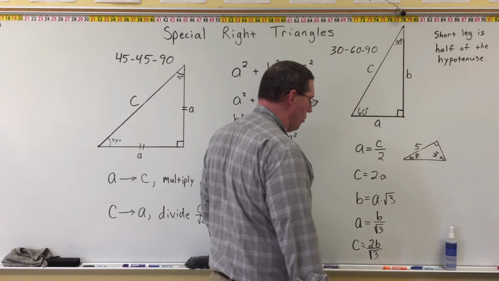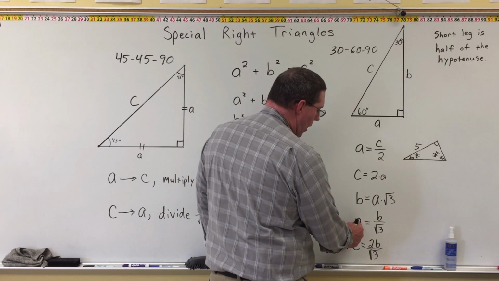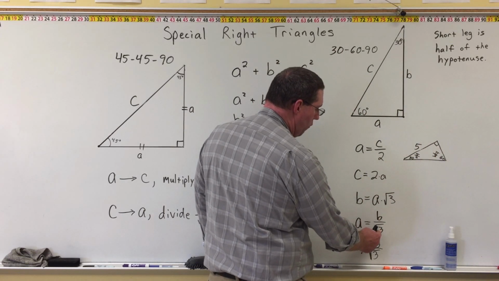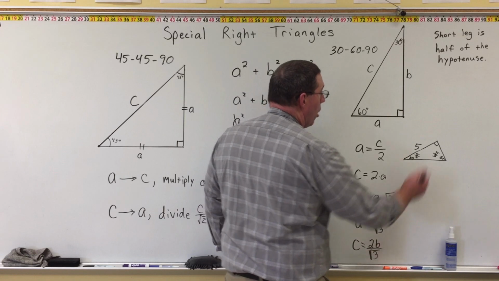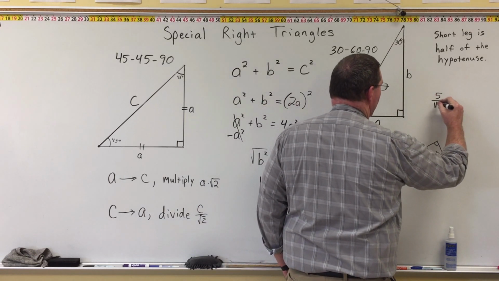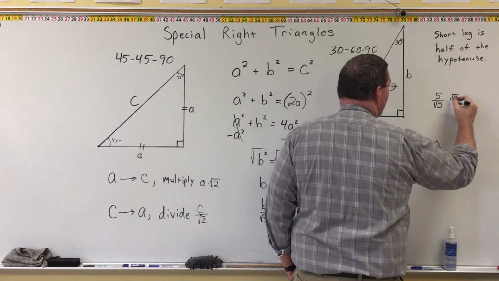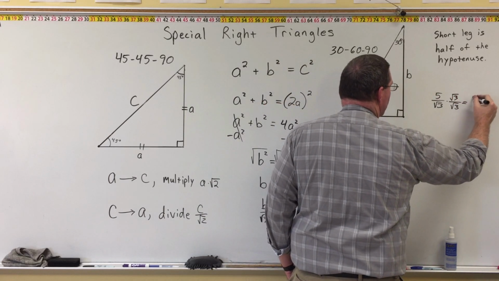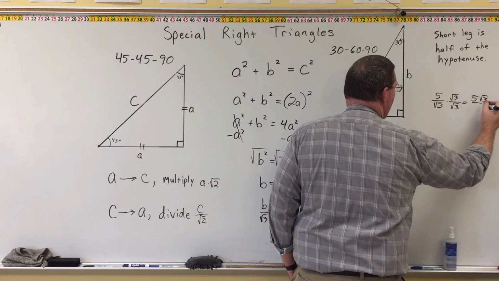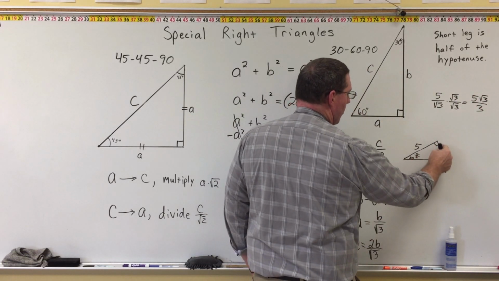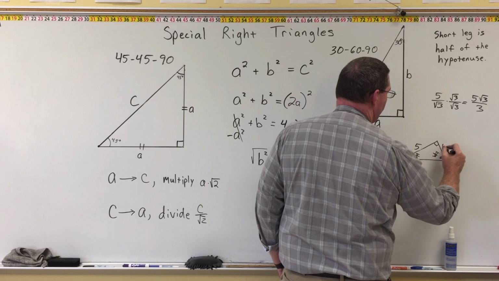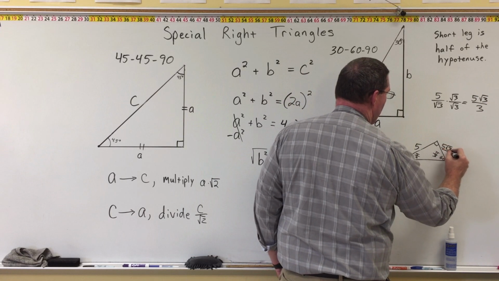There's a couple ways we could do this. To find the short leg, I can just do 5 over the square root of 3, but I need to rationalize the denominator, so I multiply by the square root of 3 over the square root of 3, which gives me 5 square root of 3 over 3.